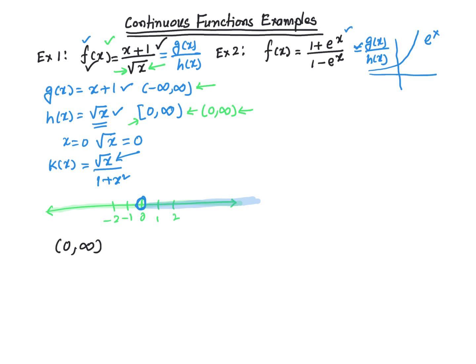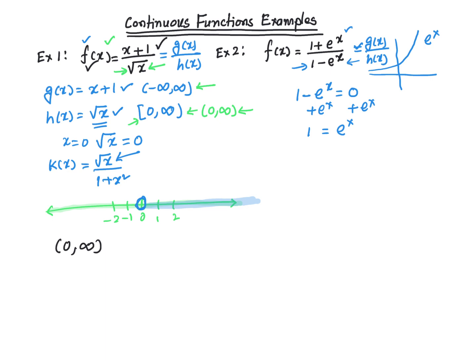We know that the ratio of two continuous functions is going to be continuous, except we need to make sure that the denominator doesn't evaluate to 0. So let's find out for what value of x the denominator becomes 0. Let's set it equal to 0. The way to find it out is to take the denominator expression and set it equal to 0. If I add e to the power x to both sides, I get 1 is equal to e to the power x.